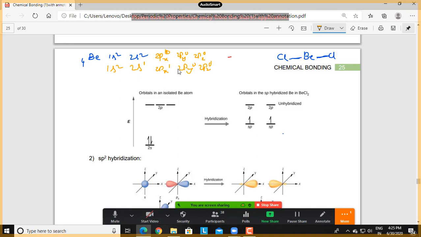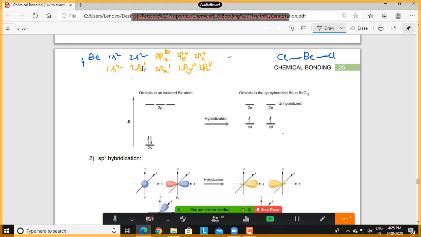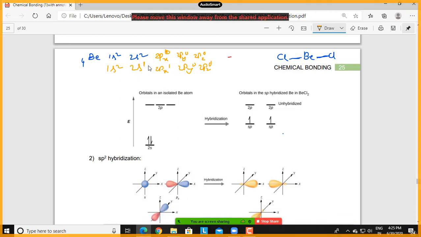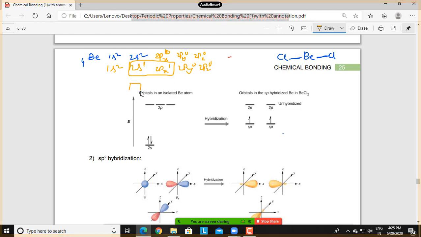Now s has one unpaired electron, p has one unpaired electron. Now this sp will mix before overlapping.